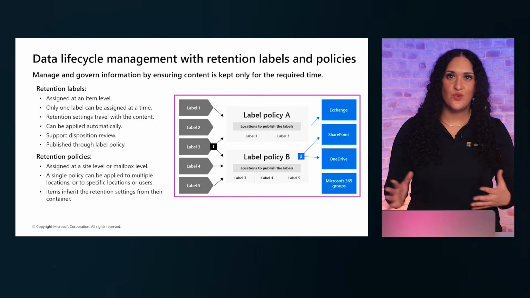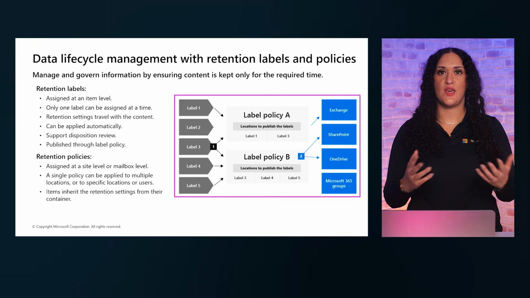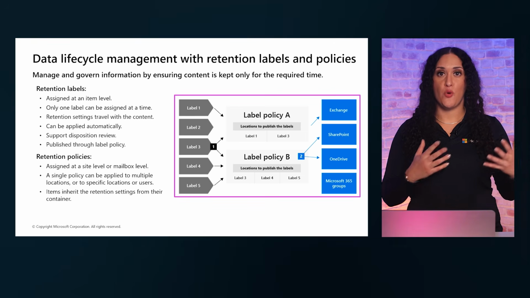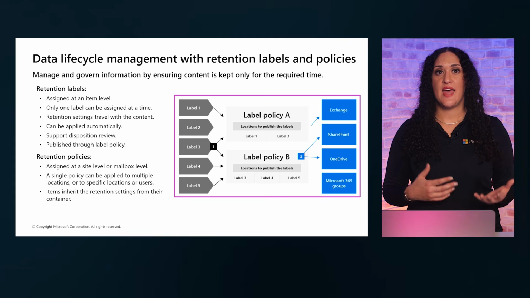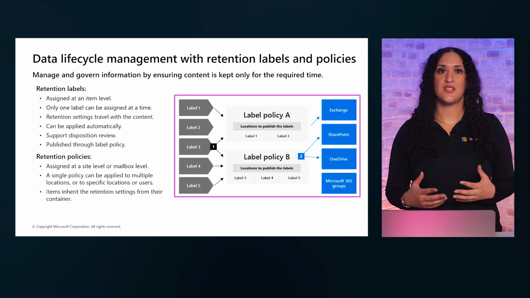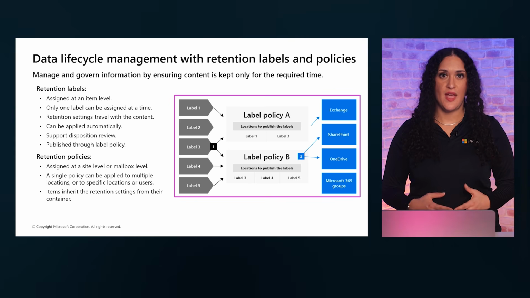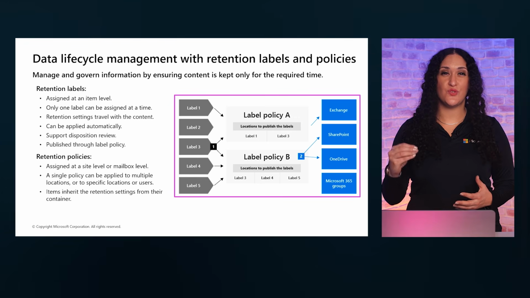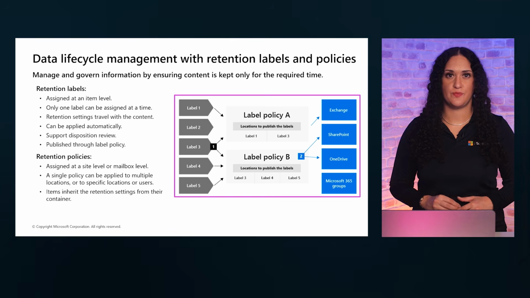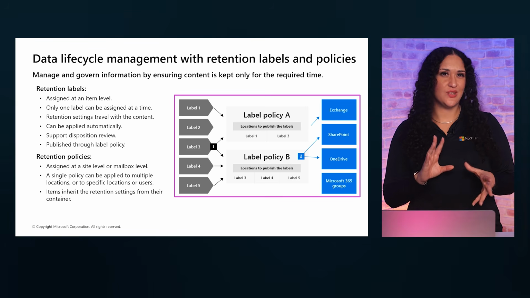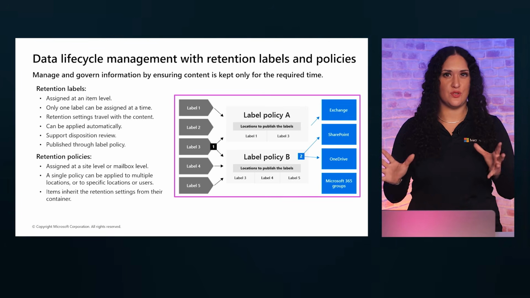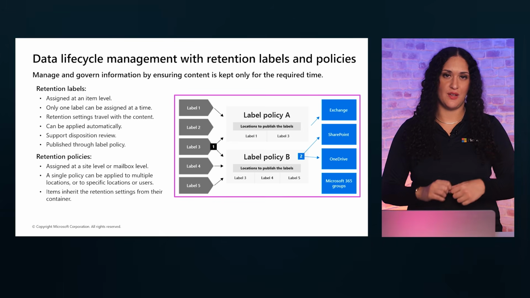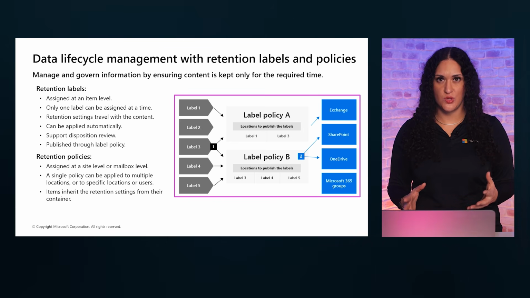These labels travel with the content, even if it moves locations. They can be applied automatically, based on conditions, and support disposition review, so content can be checked before deletion. This approach is useful for records, contracts, or sensitive documents that must follow strict retention rules. Retention policies work differently and apply at a broader level, such as an entire mailbox, an entire site, or multiple users.